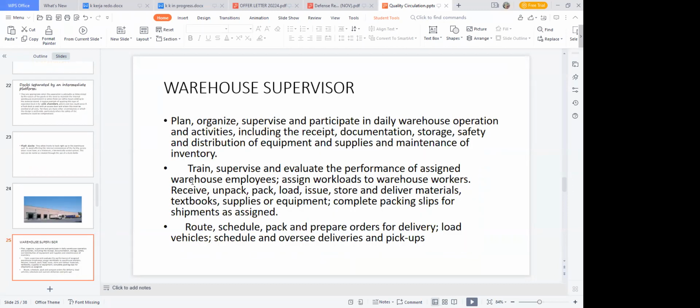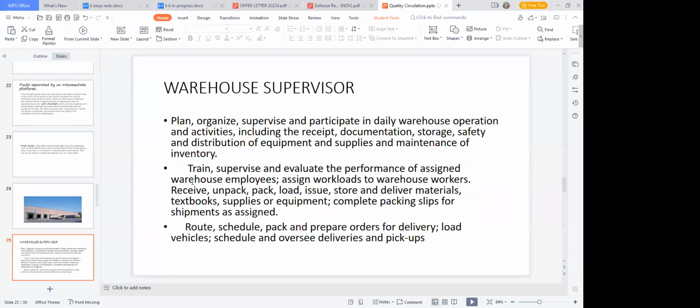Now we talk about the role of the supervisor, warehouse supervision. We need the supervisor to plan, organize, supervise, and monitor all the activities in the warehouse. We have many processes in this supervision, including receipt, documentation, storage, and safety.